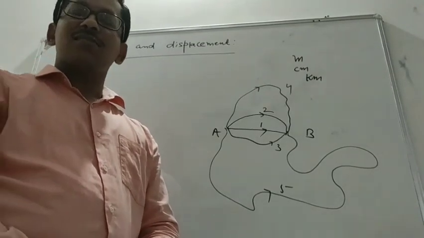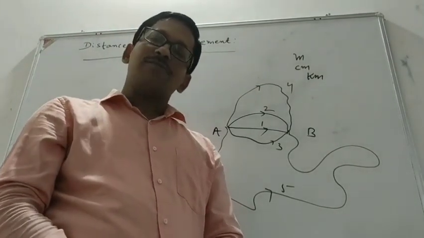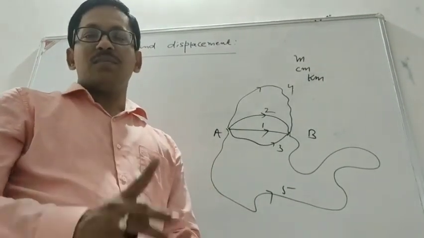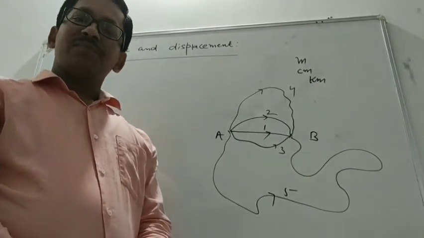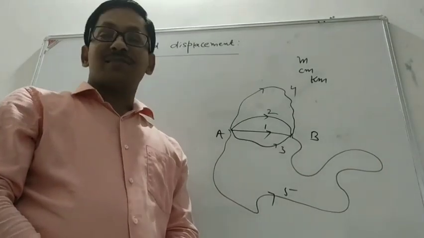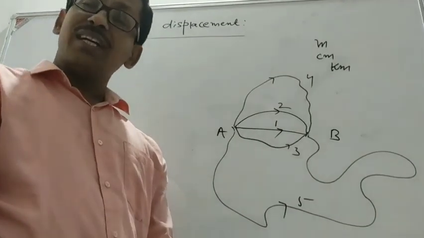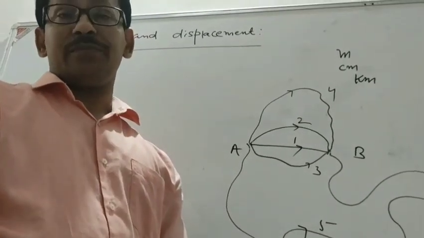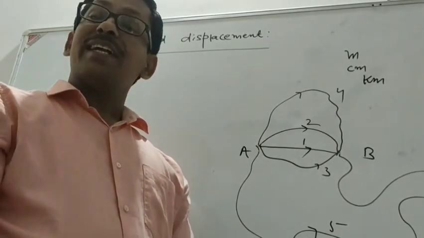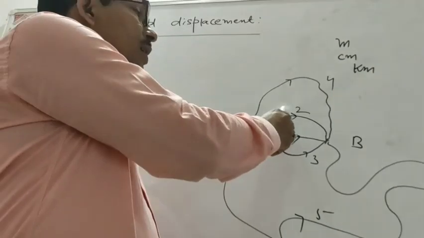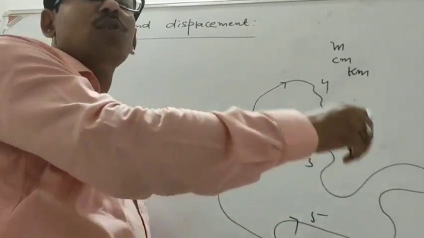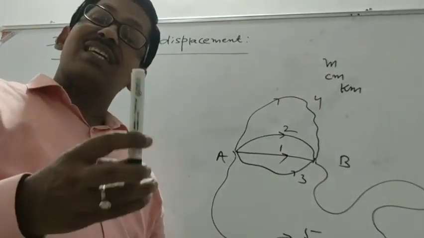Now let us discuss what are the characteristics of displacement. First one, displacement is the shortest distance between initial and final position. Displacement is a vector quantity. Displacement does not depend upon the path followed. As I told you, it does not depend which path you are following. The displacement remains the same.